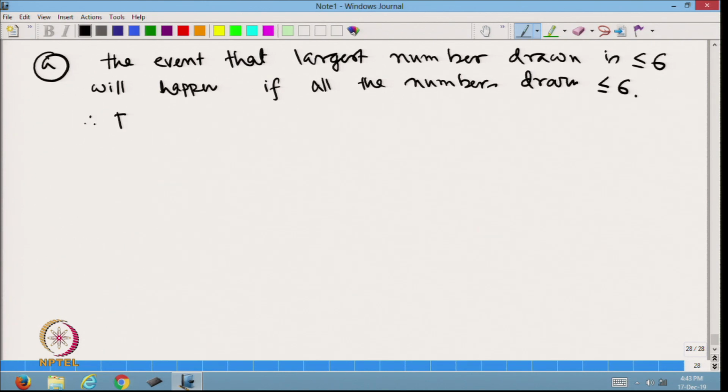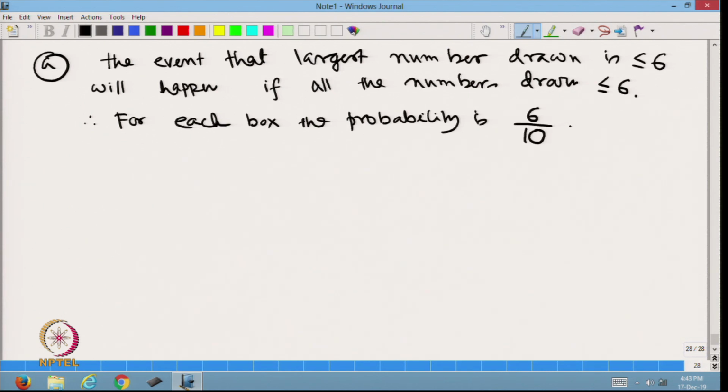Therefore, for each box the probability is 6 upon 10. There are 10 balls and I am looking at a number less than equal to 6. Therefore, it is coming out to be 0.6.